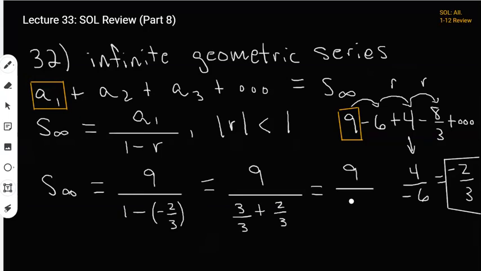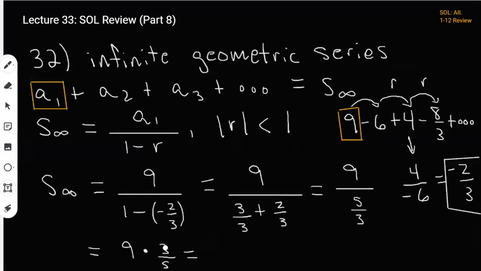So on the bottom of the fraction, I'm going to have 5/3. Now, if I'm dividing by a fraction, that's the same thing as multiplying by the flipped over fraction, the reciprocal. So I can flip 5/3 over and get 3/5.